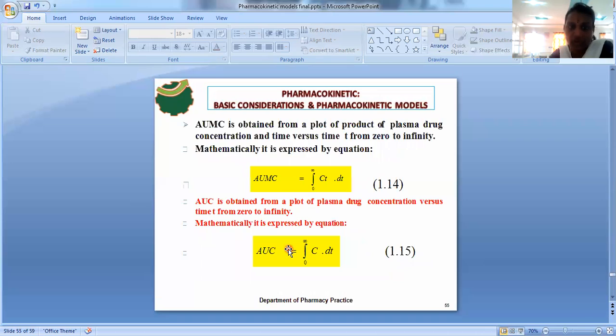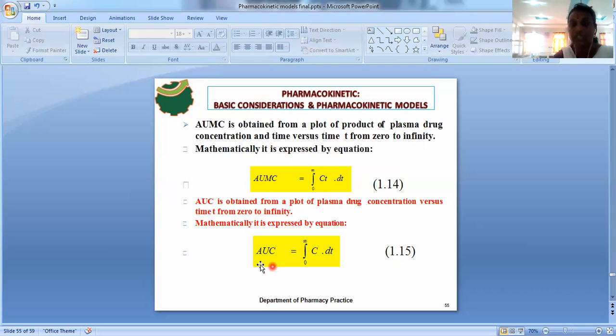This is the formula to determine the AUMC as well as the AUC. AUMC is obtained by plotting the product of plasma concentration and time versus time, from 0 to infinity. It is mathematically expressed as AUMC equal to the integral from 0 to infinity of C t dt, whereas AUC is obtained by plotting the plasma drug concentration versus time, from 0 to infinity.